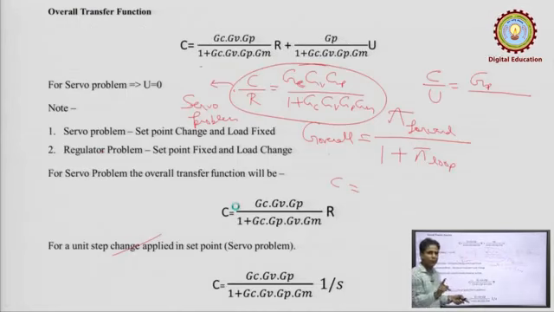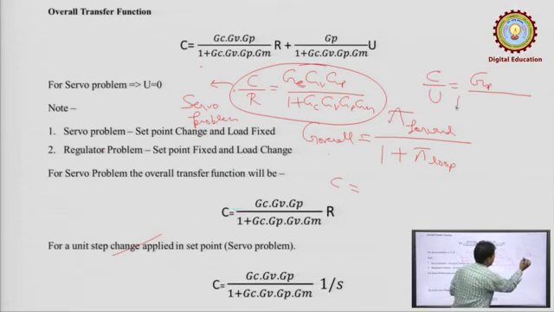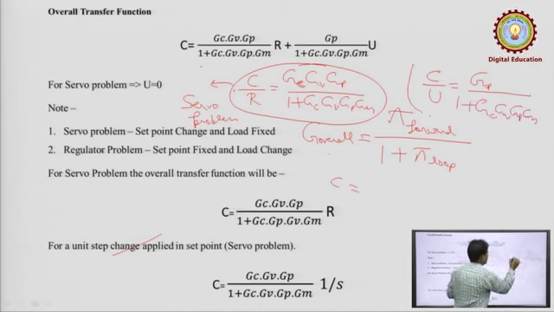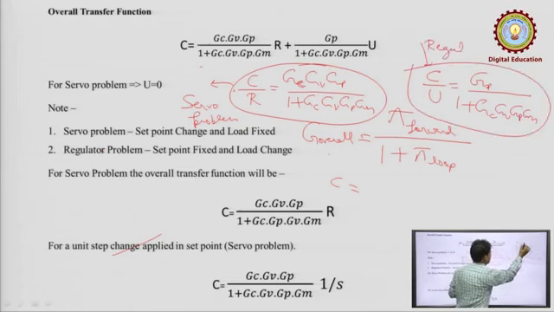The PI loop is the same for both the servo problem and the regulator problem, so you will write 1 plus GC GV GP GM, that is for the regulator problem.